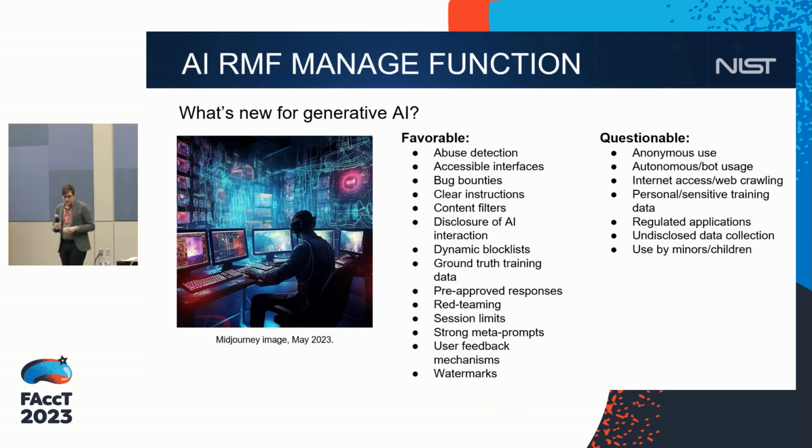I would say that risk management for generative AI is very immature, but there are practices coming online that we hope might work. That's what you see in the favorable category on this slide.